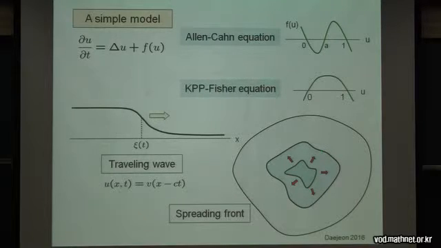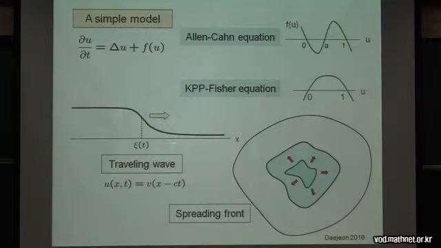This part is called the spreading front. Spreading front is a front that spreads to infinity, expands to infinity, and the front region is where the value of the solution changes from 1 to 0 relatively rapidly.